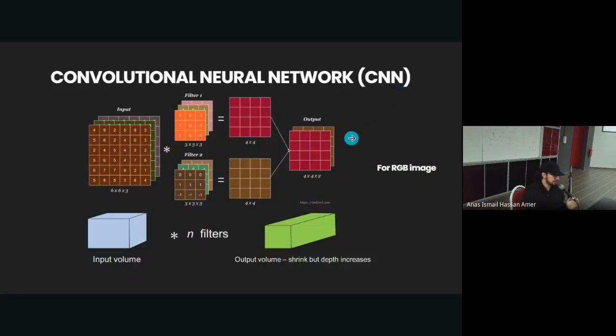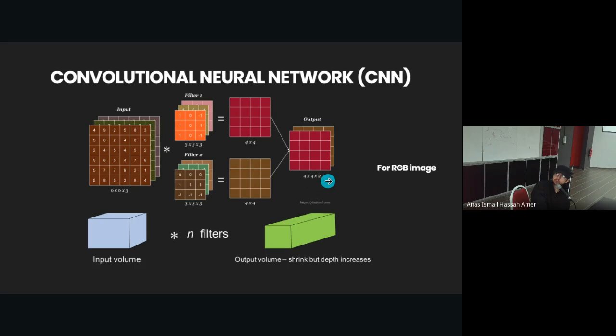Okay. So this is just an example. As I described, let's say the input of the image is 6 by 6 by 3. And then you have multiple filters. You have filter 1, filter 2, each of which are 3 by 3 by 3. And then the output will be 4 by 4.